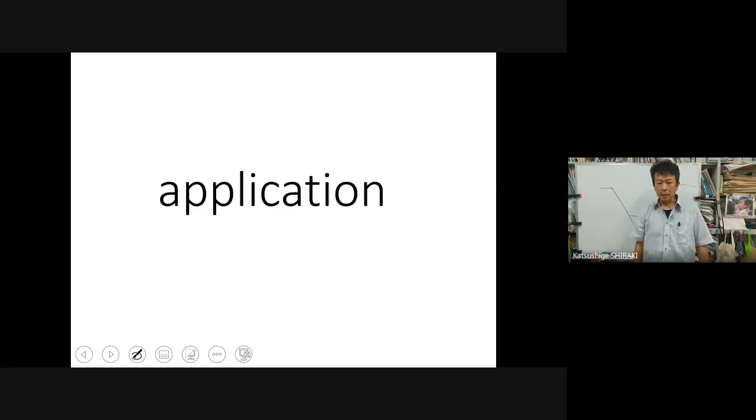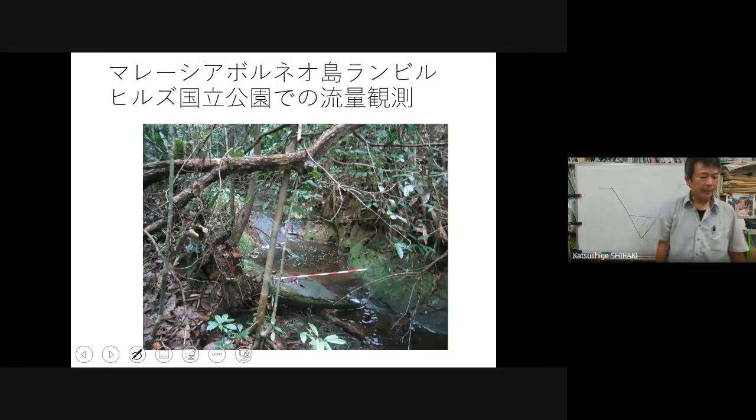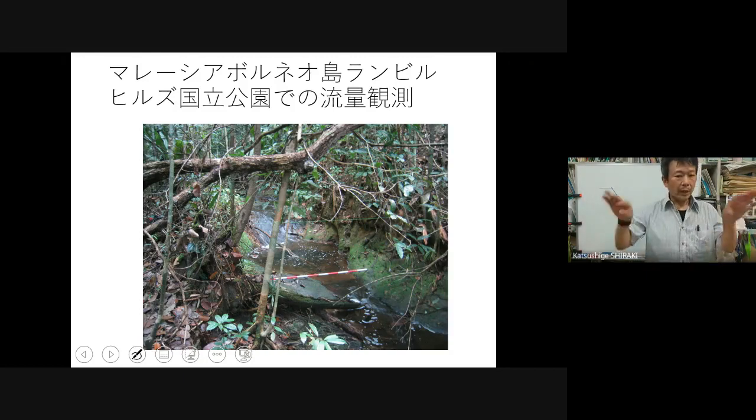Okay. So then we can show some applications of the HQ equation. For example, this is at Borneo Island, Rambil Hills National Park, where I once observed the runoff here. We would like to make a weir here, but we cannot.